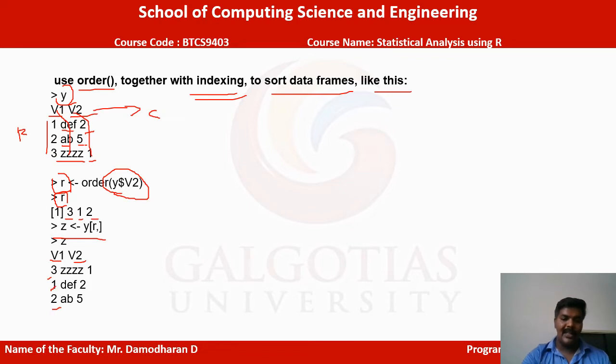Based on v2, 1 comes first, 2 comes second, and 5 comes third. So 1, 2, 5 is the order in which the frame is arranged.